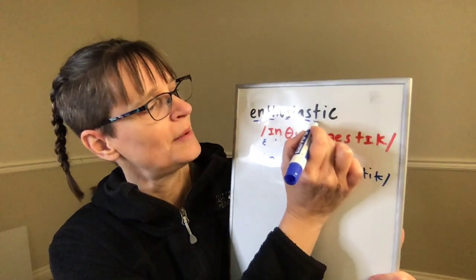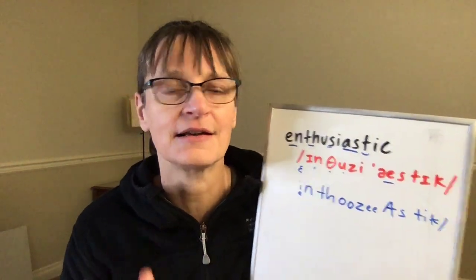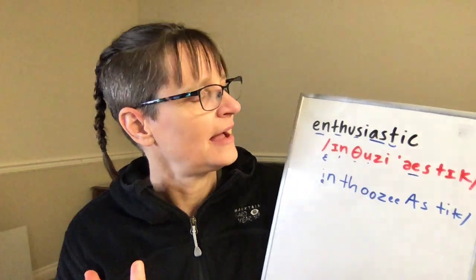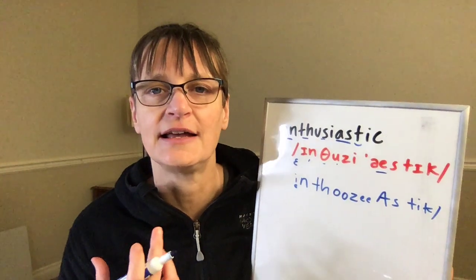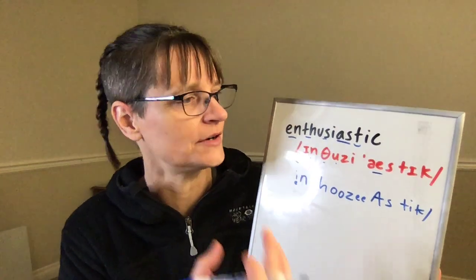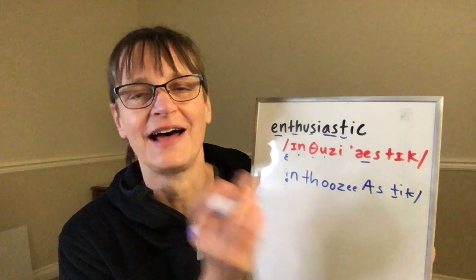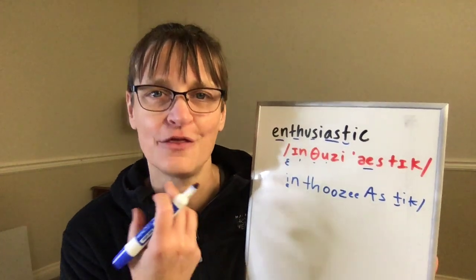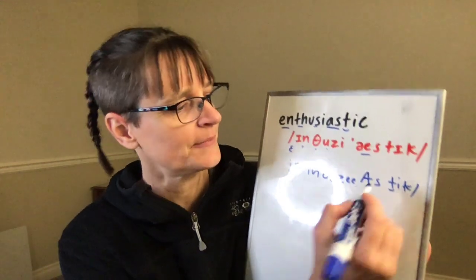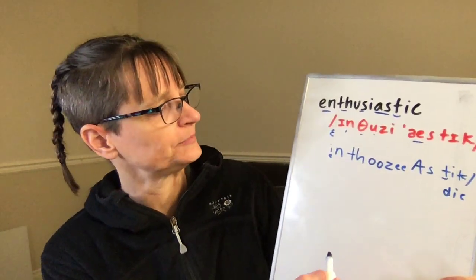This T we might do as more of a flap, enthusiastic, with a D-like sound. I would say it's not a strong D, and it's okay to use a T, enthusiastic, with a clear T sound. But we tend to mute that. There's not a lot of release of air on that, enthusiastic. You might think about it as a light D sound.